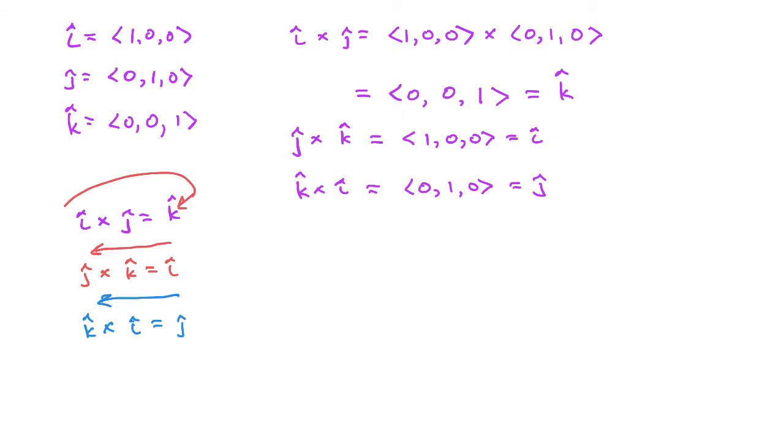And so we do call this a cycle for our vectors i, j, and k. So we have our i, our j, and our k values. So our cyclic permutations.